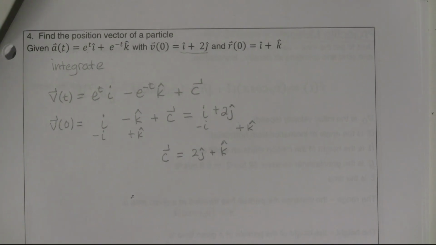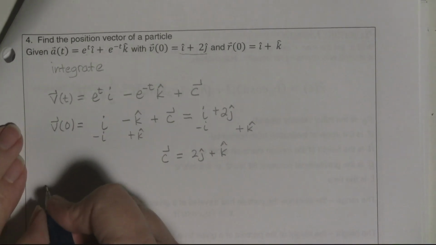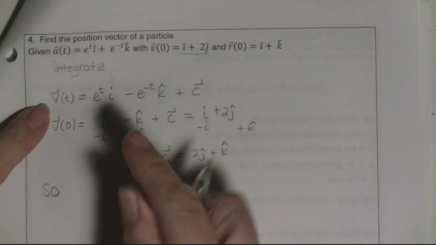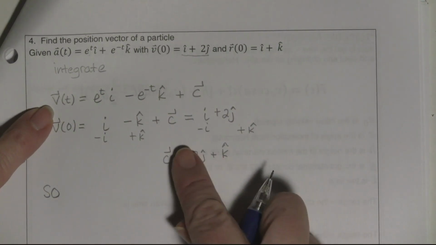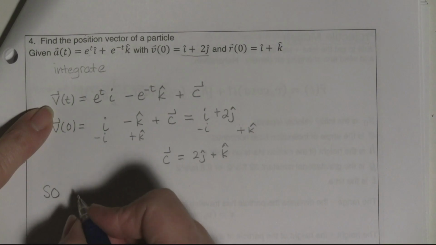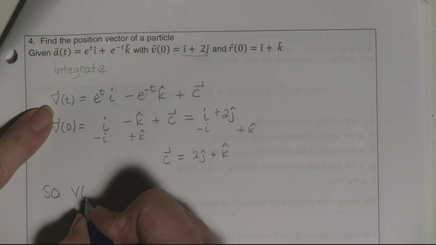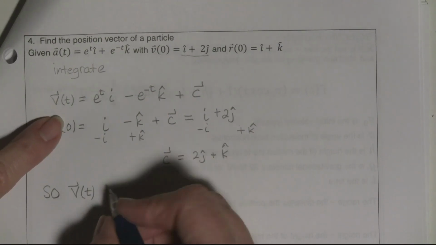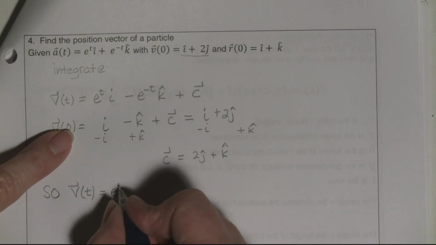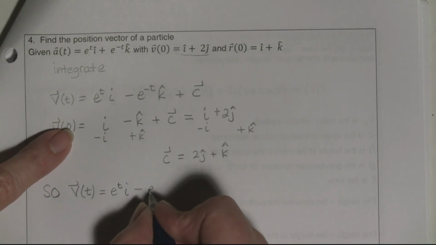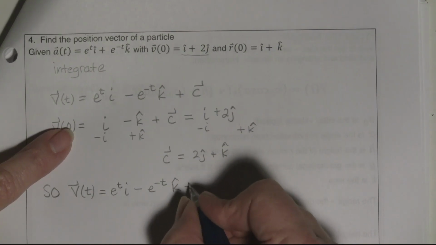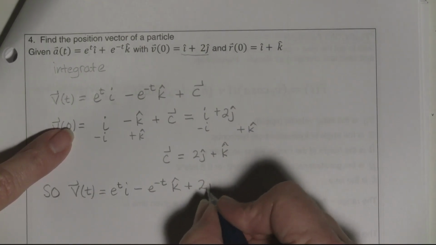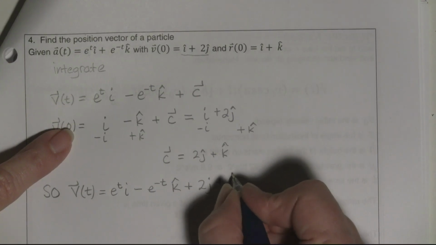And so what this means, remember, this is what we said about v. This is what we just found about c. So I'm going to put that right there. So v, velocity, equals e to the t i minus e to the negative t k plus c, which we just found was 2j plus k.